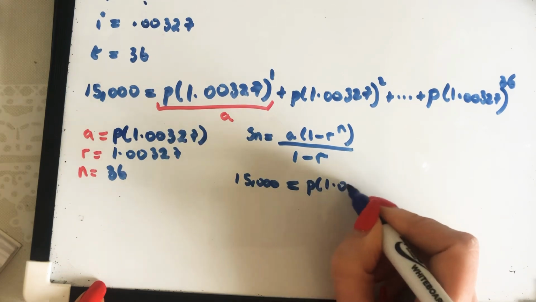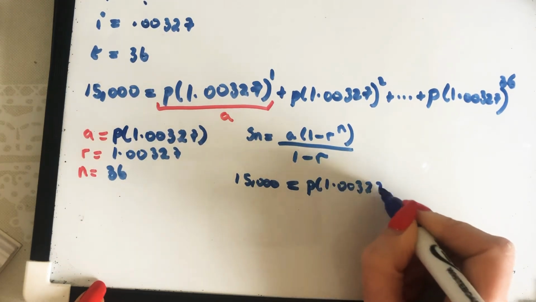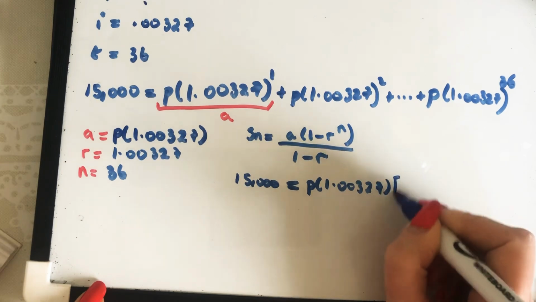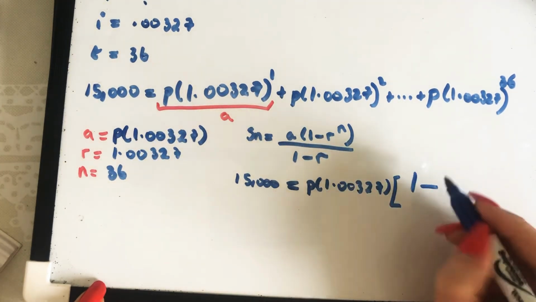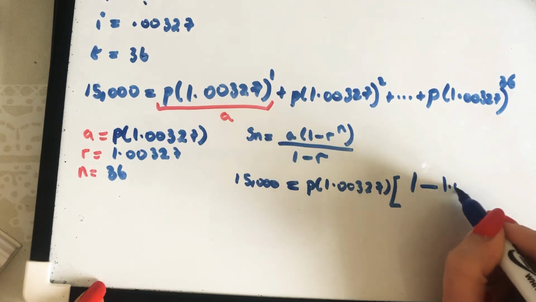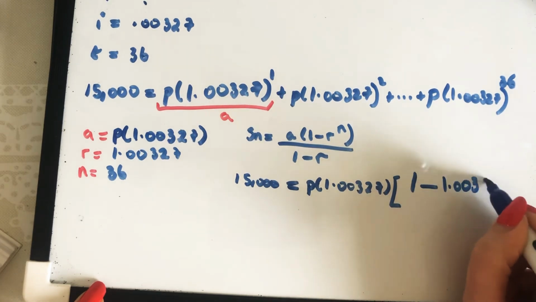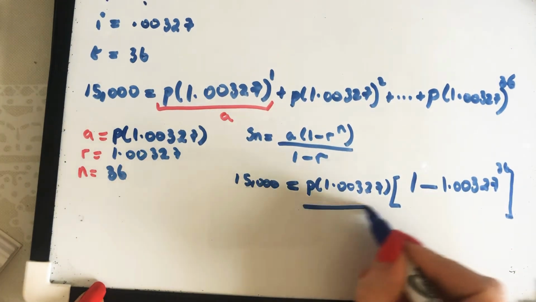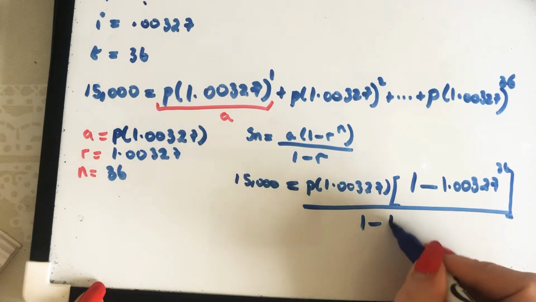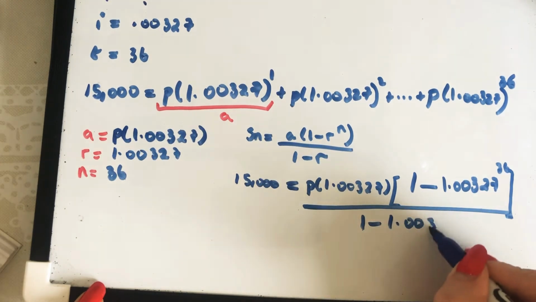So we're solving here for P, as you can see. 1 is in the formula, and the R is your common ratio, to the power 36, all over 1 minus 1.00327.